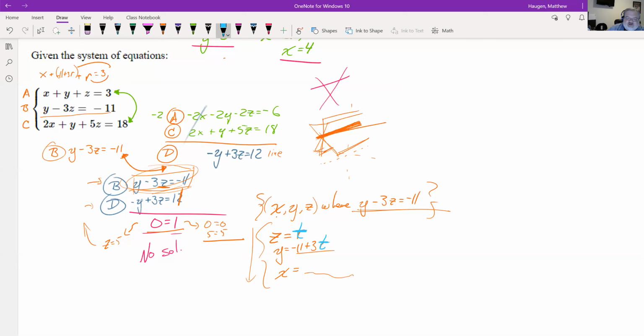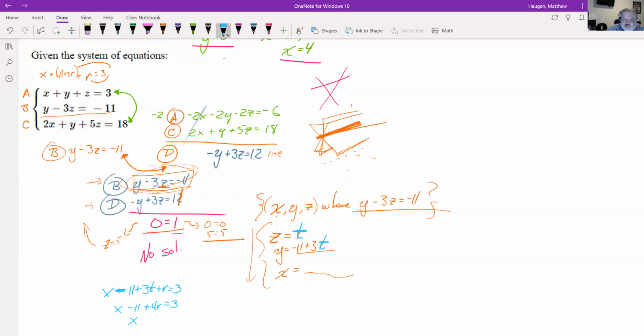So if we wanted to kind of finish that off, we'd have x plus, well, minus 11 plus 3r plus r equals 3. So you'd have x minus 11 plus 4r equals 3. You'd add over the 11. Well, it'd be t's, but it's okay.